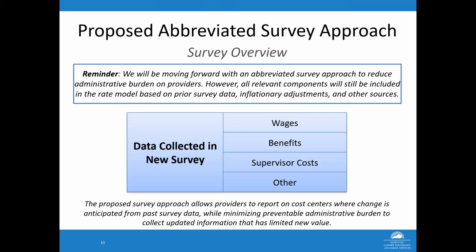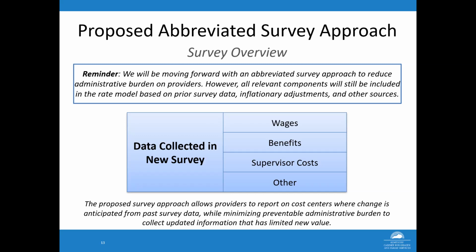Again, using a variety of sources: the previously submitted provider survey, inflation factors, BLS data, etc. And our goal here is really to reduce the administrative burden and to determine the rates as quickly as possible, because we understand that providers do need these updated rates. And so we would like to get this done really quite quickly. And so this abbreviated survey approach will help with that.